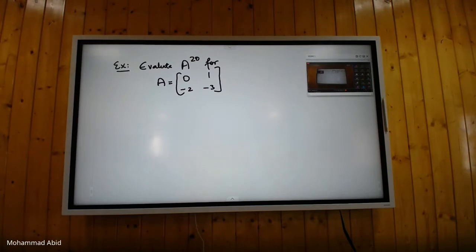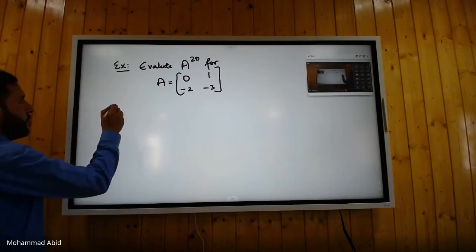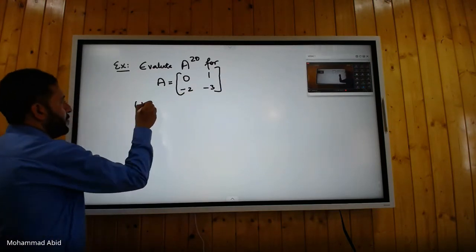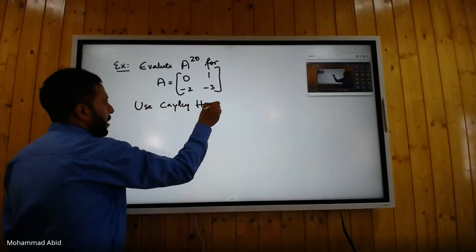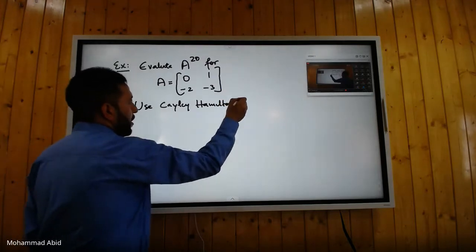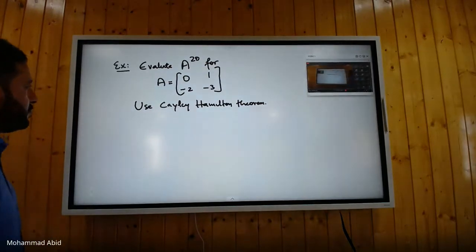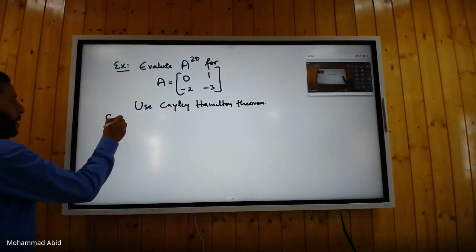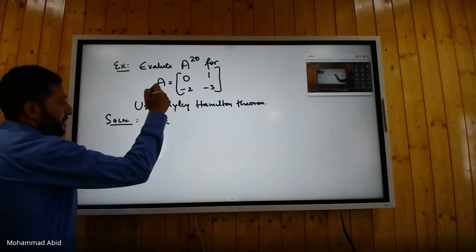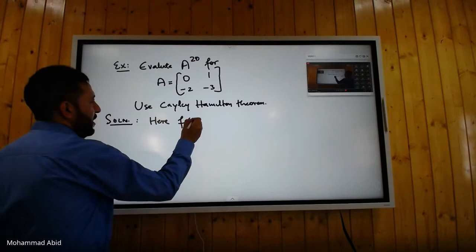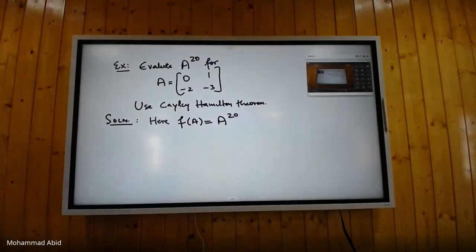If you had to do this normally, how would you do it? How do you solve this problem? See the procedure. Here, the matrix function that I have to evaluate, f(A), is equal to A to the power 20. Isn't it?